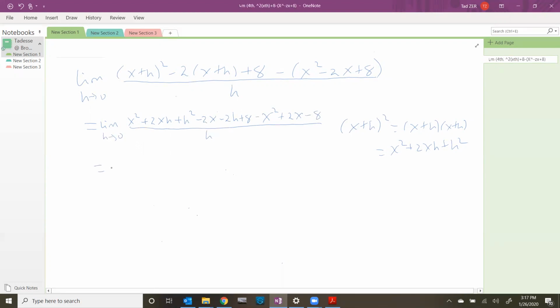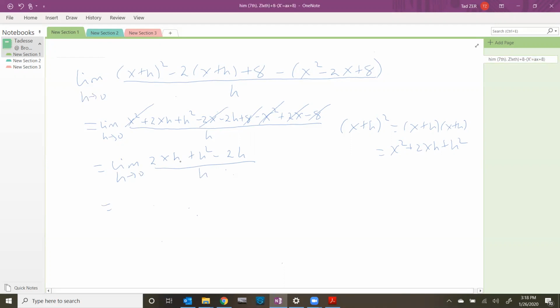Now let's simplify. If we have like terms, I can see x squared cancels out, the minus 2x cancels out, the 8 cancels out. So we are left with 2xh plus h squared minus 2h, divided by h, as h goes to 0.